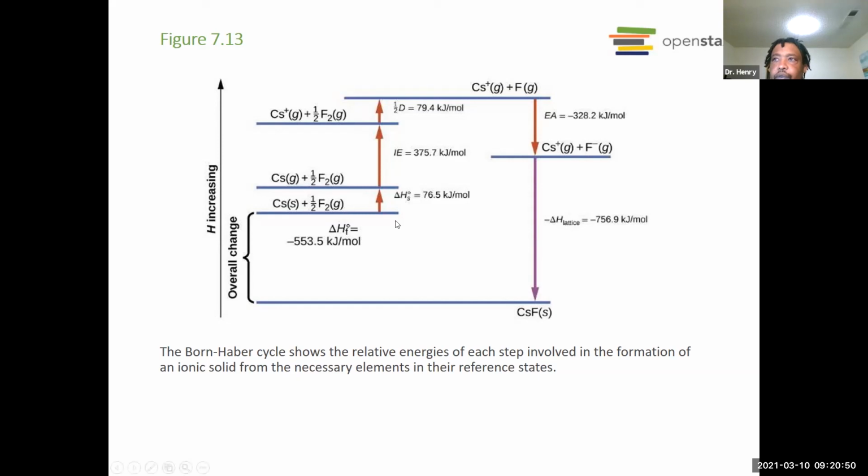So in the case of cesium plus fluoride, both of these start off as a solid, and then we have fluorine gas. So this here is the energy associated with changing that cesium from a solid to a gas state.